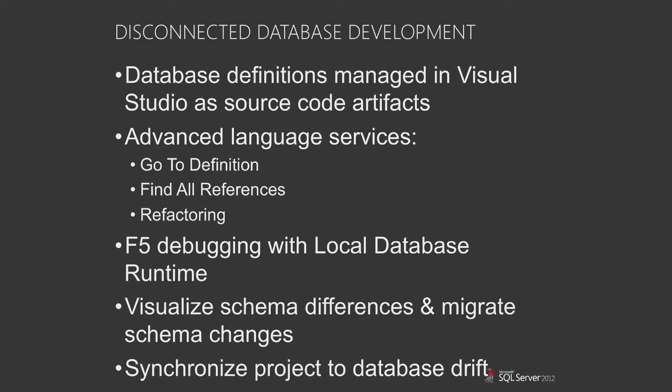So we also enable this like a local sandbox environment that allows the developer through F5 to validate its code. And we can visualize the differences between the different environments using a comparison tool that allows you to synchronize the changes between your projects and your databases in a very easy way.